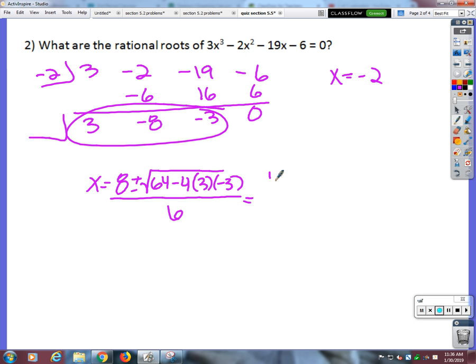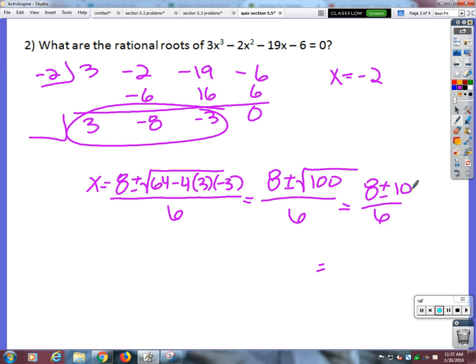So this works out to be 8 plus or minus, conveniently, underneath there is 100. And that's nice because the square root of 100 is 10. So this would be 8 plus or minus 10 over 6. If I go 8 plus 10, that's 18 divided by 6.